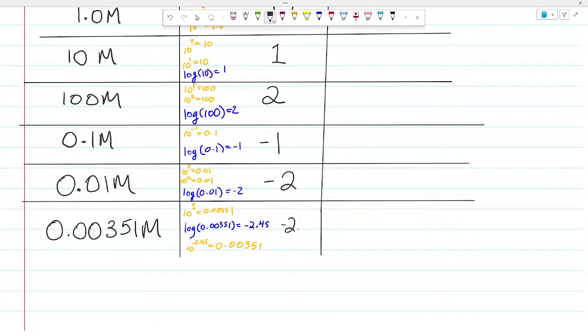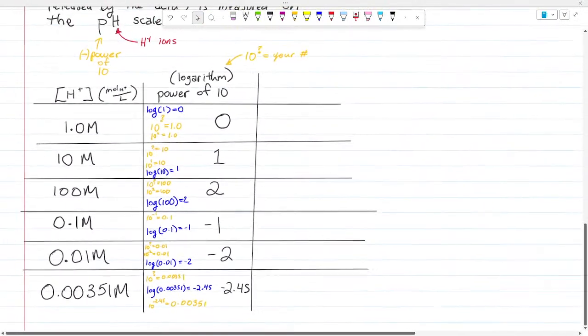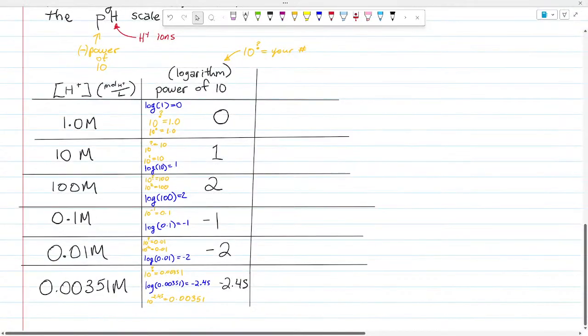But having said that, so what is the log of this? Well, it's -2.45. Now, the thing you're going to notice is that we are very rarely going to be dealing with concentrations over 1, which means the overwhelming majority of concentrations we'd be working with, if we just took the log, we'd be getting what kind of number? Negative numbers.